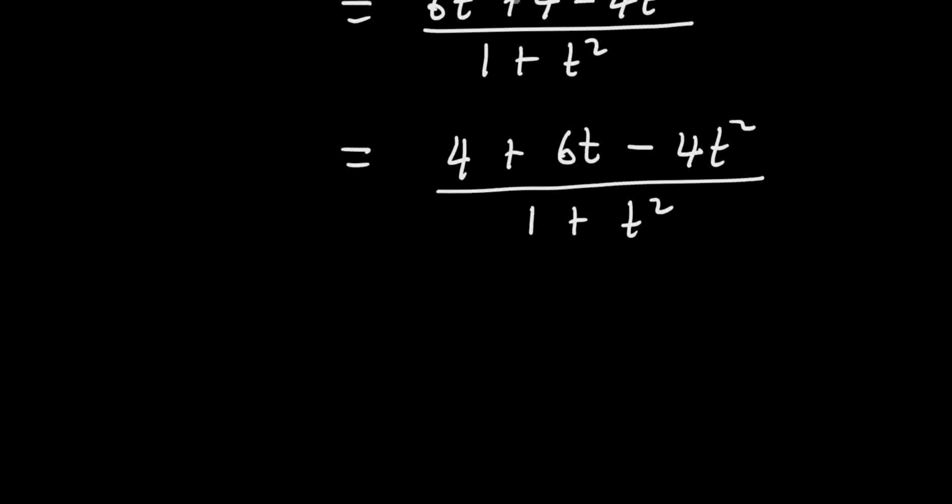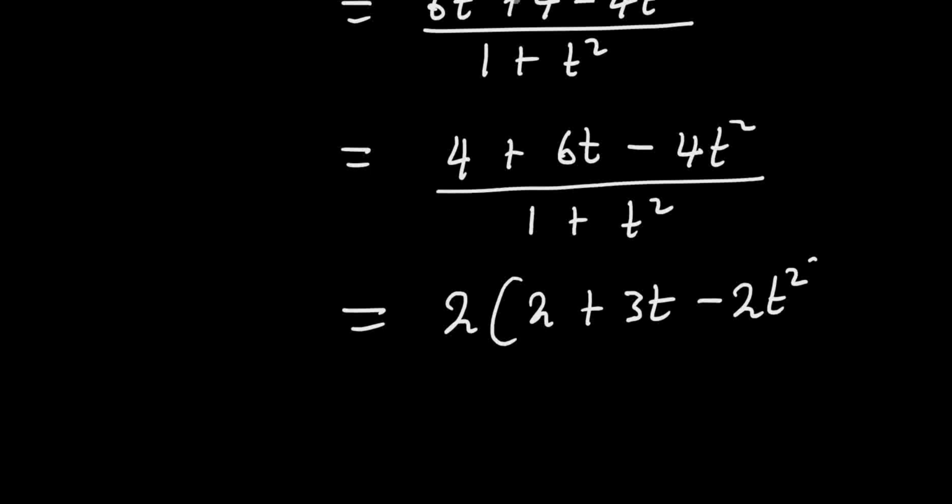Now, we can also factor 2 from the numerator, and this will become 2(2 plus 3t minus 2t squared) over 1 plus t squared.